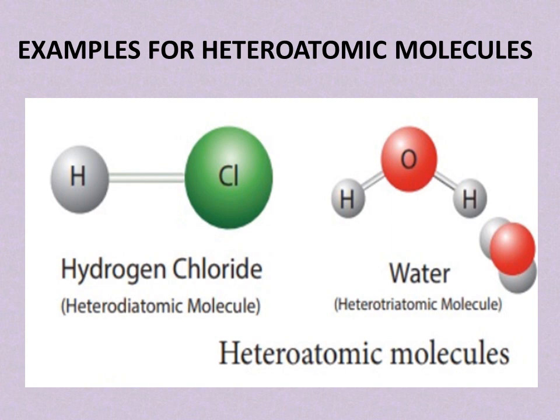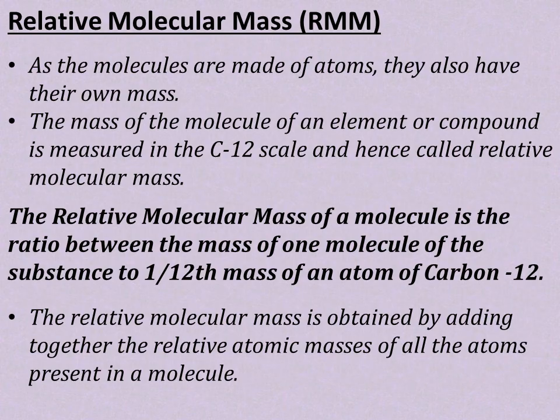Relative molecular mass. As molecules are made of atoms, they also have their own mass. The mass of a molecule of an element or compound is measured using the same C12 scale and it is called relative molecular mass. The relative molecular mass of a molecule is the ratio between the mass of the molecule of the substance to 1/12th mass of an atom of carbon 12.